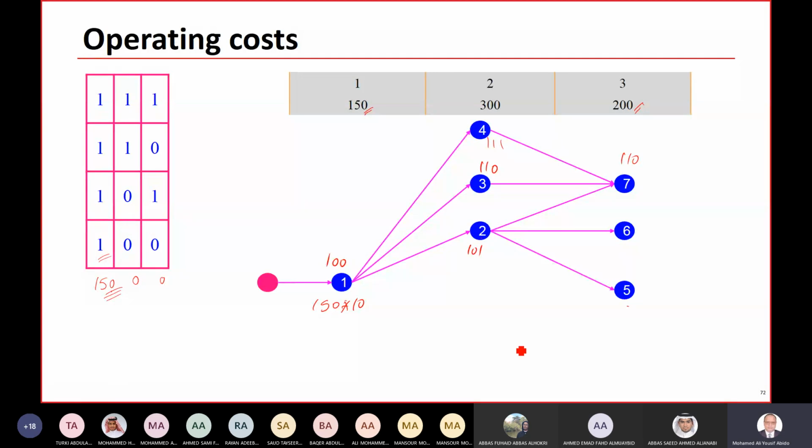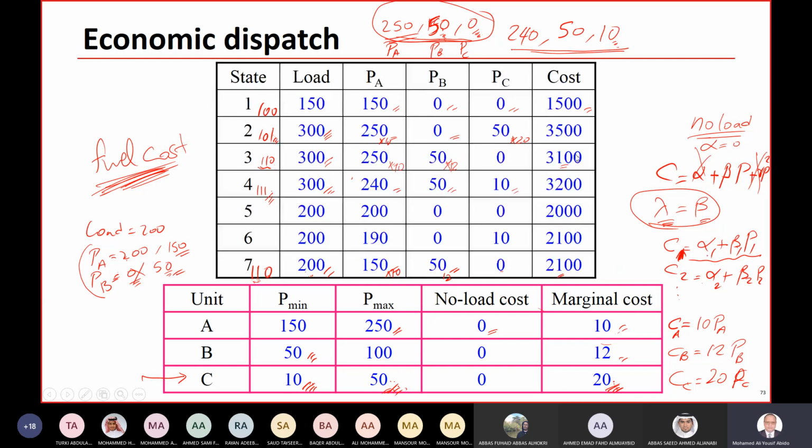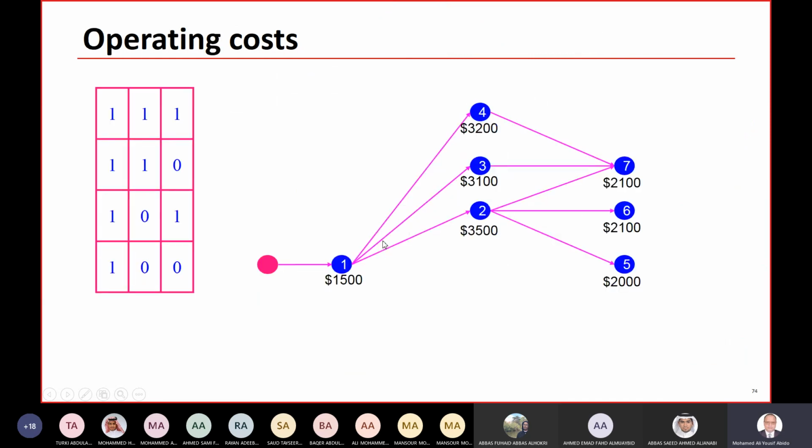So you can say here this is 1,500, and this one is $3,500, and this one again. And you can put these calculations on each state. So this gives you the full cost. So, okay, this is the case now. For each state, you have the fuel cost. Okay, this is the operating cost.